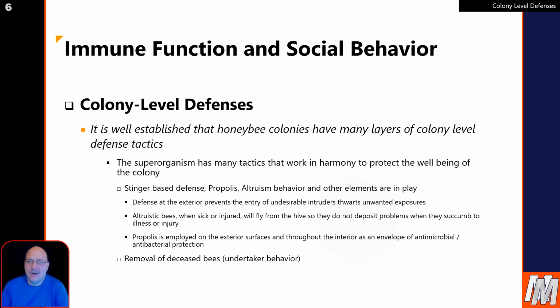It will fly off to perish somewhere where it cannot contaminate the interior of the hive. If something tries to get into the hive, they will mount a defense against that and prevent it from bringing anything unwanted to the interior. If a mouse gets in and dies within the hive, they coat it with propolis and entomb it so it cannot spread disease inside the colony space.